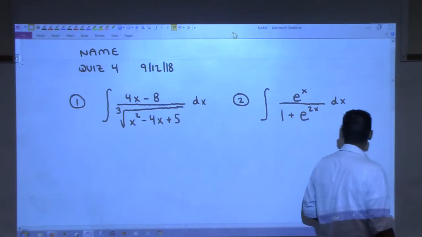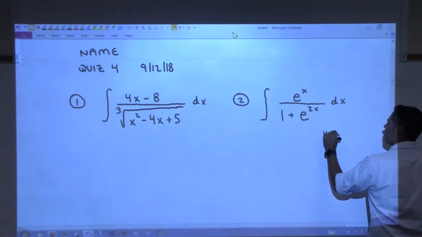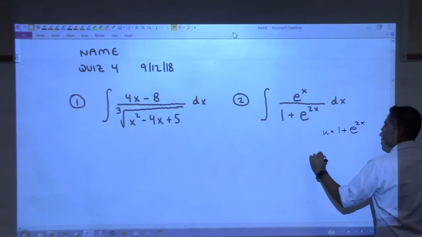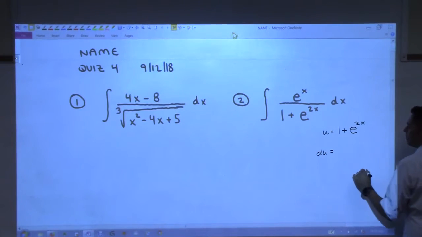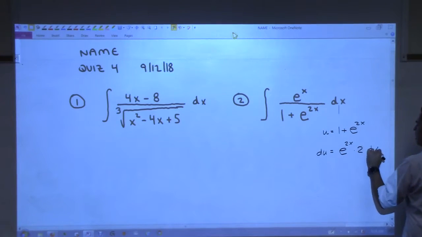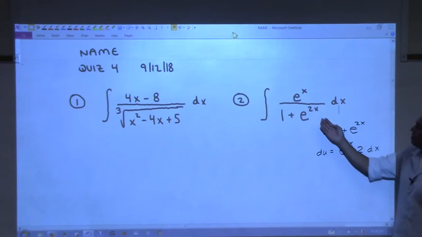Okay, let's try that. Let's see what happens if I do u is equal to 1 plus e to the 2x. What would the derivative of that be? e to the 2x times 2 dx. That's just a little chain rule in there, right? The problem is I don't see this anywhere.